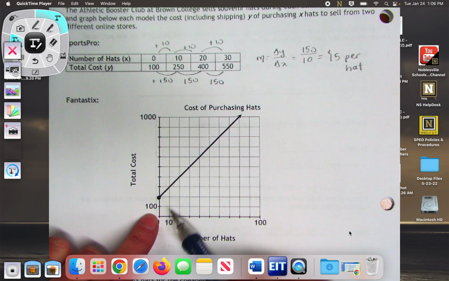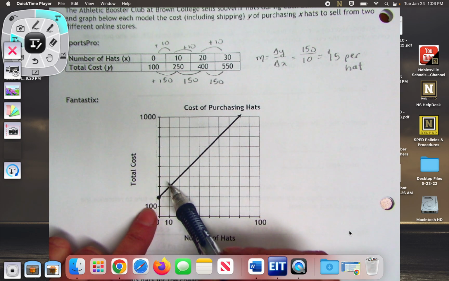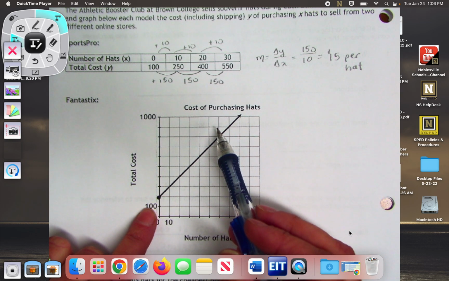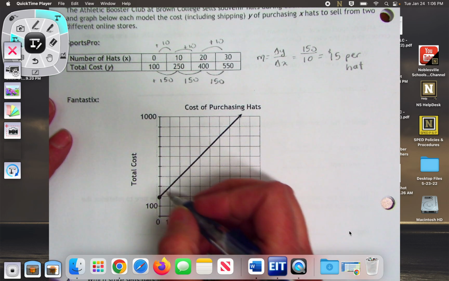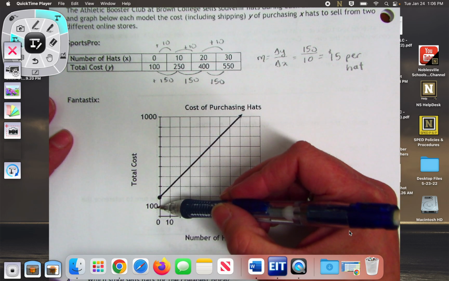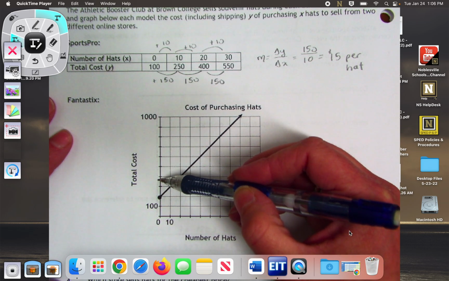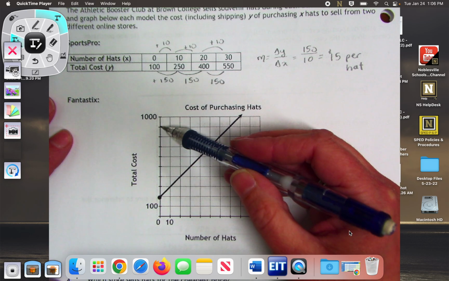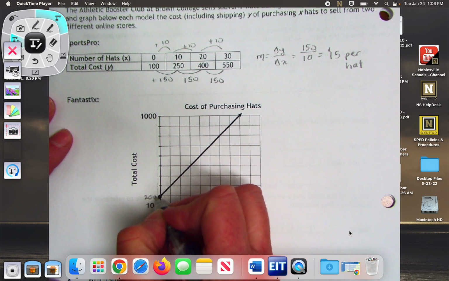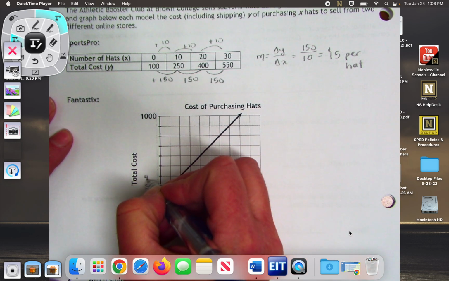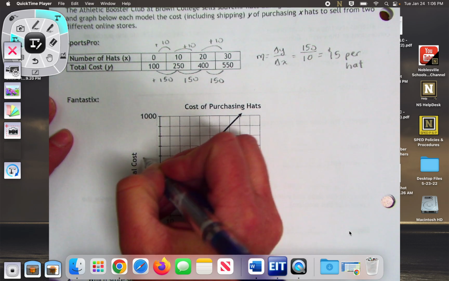Fantastics is a little different. I don't have a nice table. I have a graph. Okay, so let's go ahead and fill this in. This goes up from 100 to 1,000. So if I go by hundreds, 2, 3, 4, 5, 6, 7, 8, 9. Yep. So that's going to be 200, 300, 400, 500.